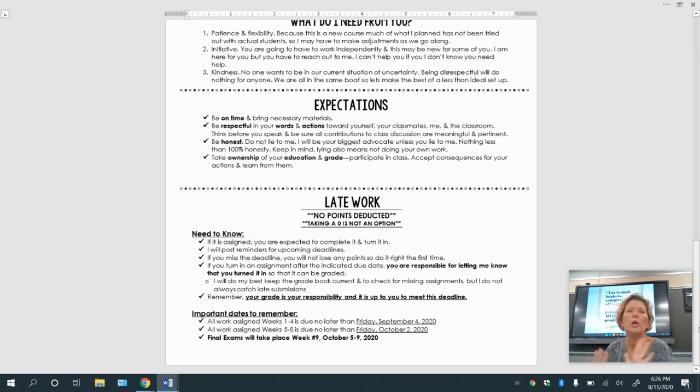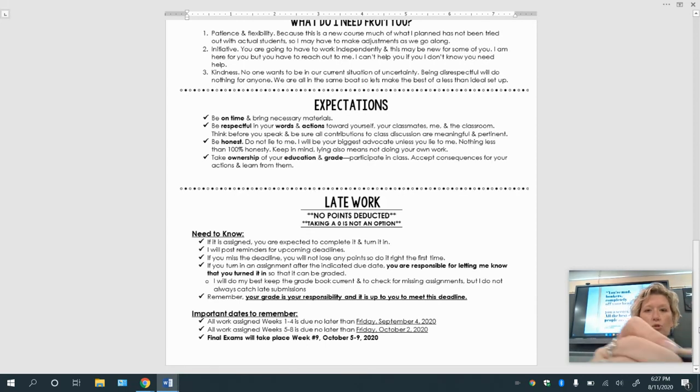You get the idea. So just shoot me an email, say, I turned this assignment in. I file emails and I won't file your email until I get it graded, so it's there as a reminder. Your grade, your responsibility, and it is up to you to meet deadlines.